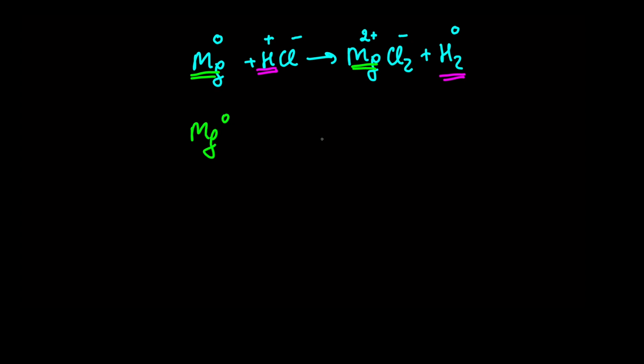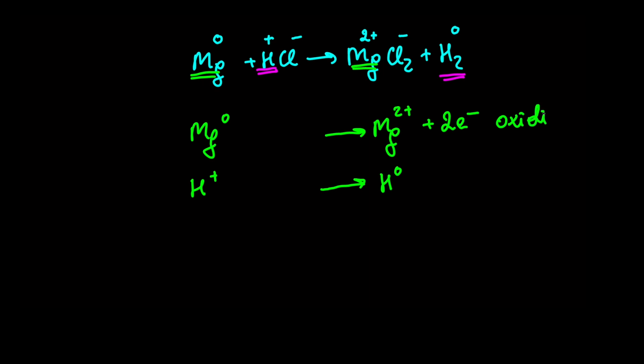For magnesium, pure magnesium became 2 plus cation, and for hydrogen, hydrogen cation became a pure element. Remember that when a pure element becomes a cation, it always loses electrons. So in this case, magnesium lost 2 electrons and was oxidized. Hydrogen cation, on the other hand, gained 1 electron and was reduced.